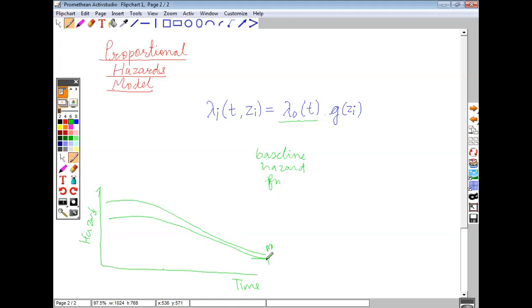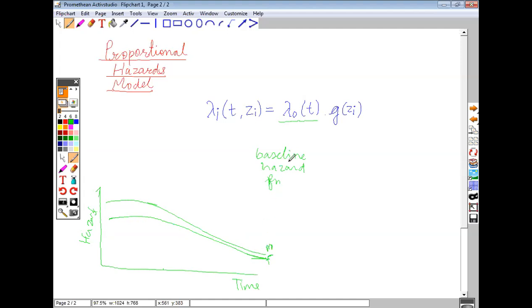What I am trying to say is that the proportion of the male's hazard and the female's hazard remains the same throughout time. The shape is kind of the same for both. The actual value of the hazard is determined by lambda times g, but each contributes separately to the way this graph looks.